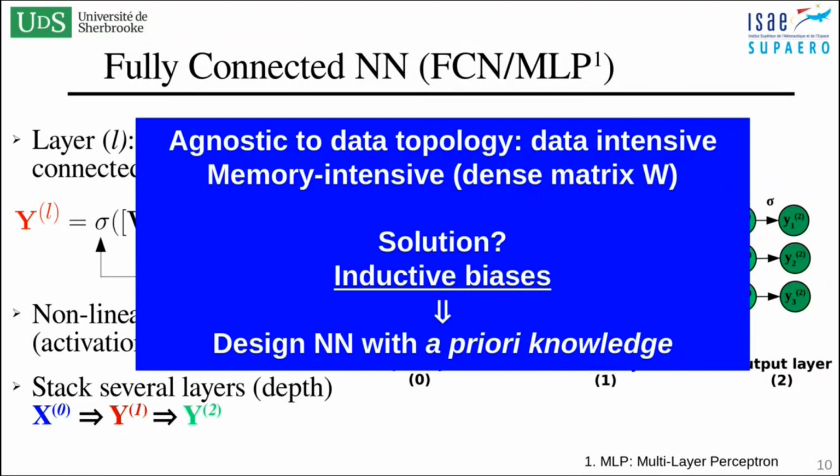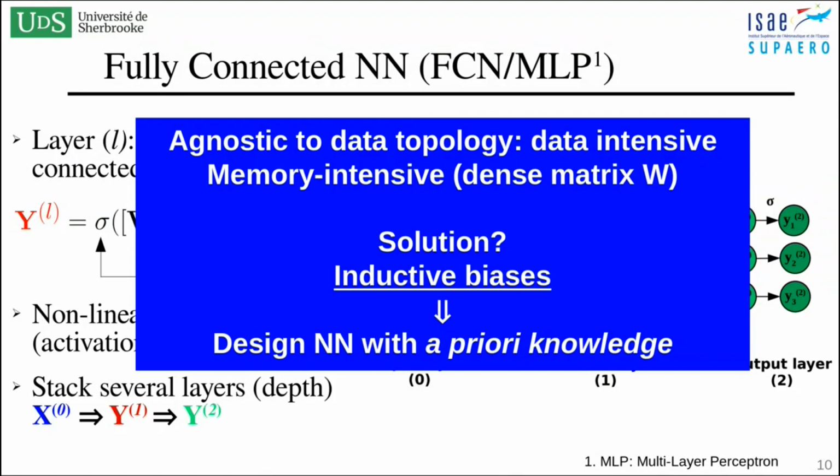Therefore, we need a lot of examples in order to approximate a given function accurately, and in the examples we will find later, these are very high dimensional problems. So these are very data intensive methods. Furthermore, because we are using these dense matrices W, this is also a very memory intensive method.